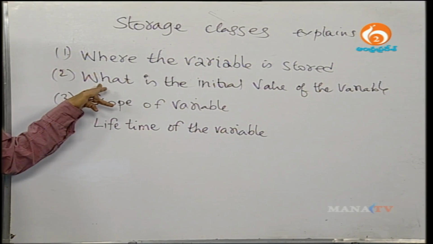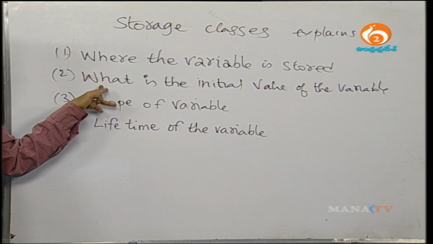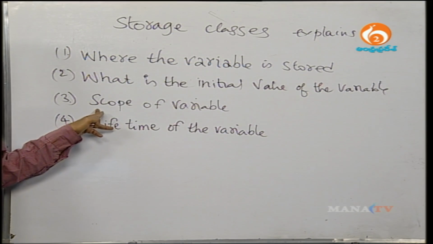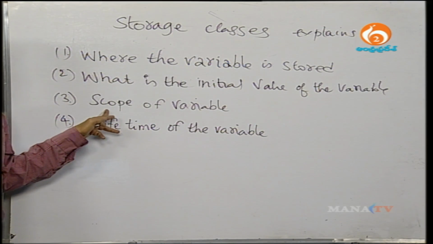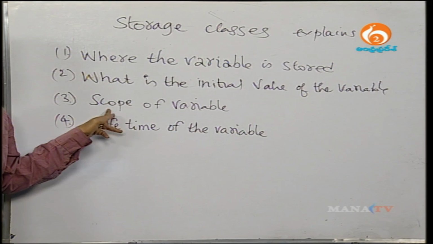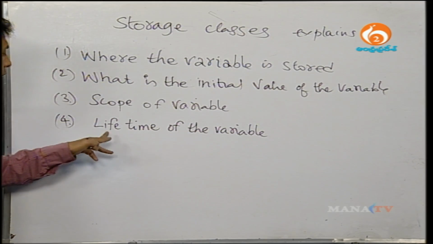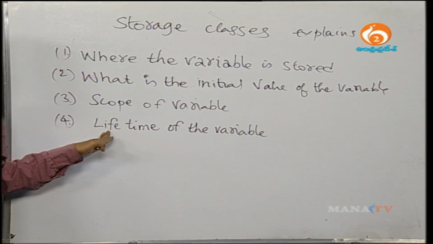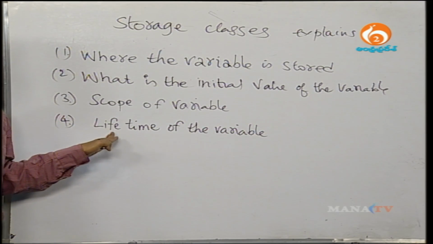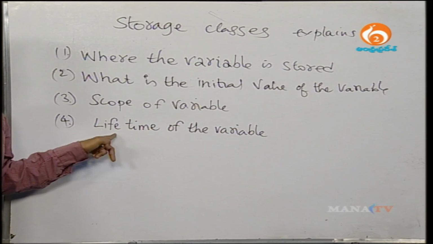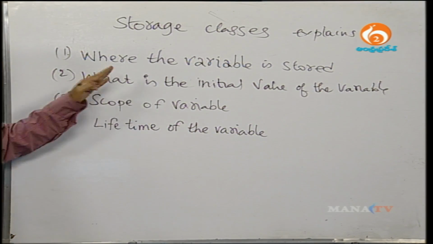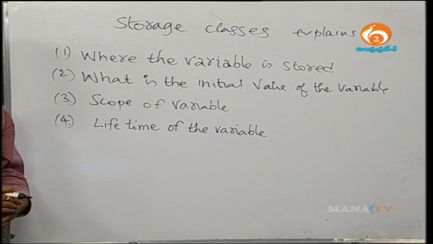Second point, what is the initial value of the variable. Third point, scope of the variable means how long the variable is accessed or visible in the program. What is the lifetime? Lifetime means when the variable is going to be lost. These are the 4 points the storage classes will explain.